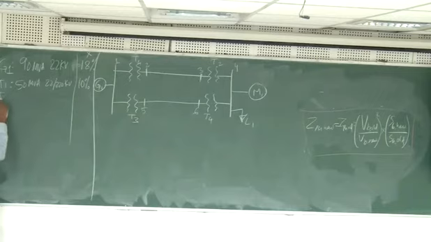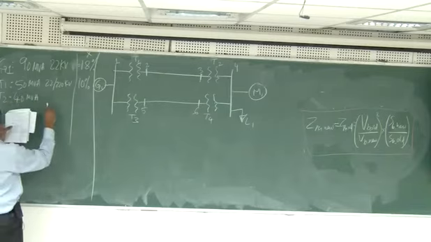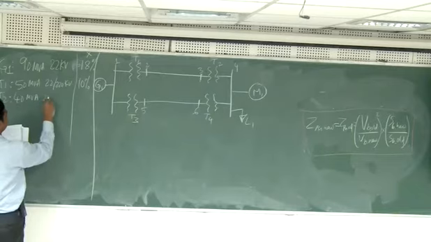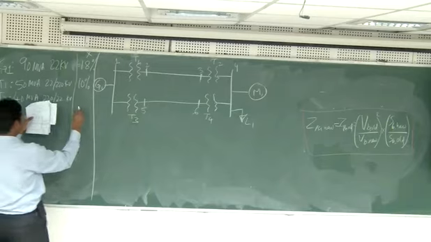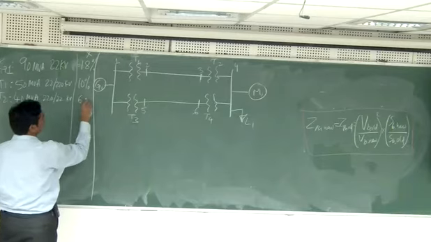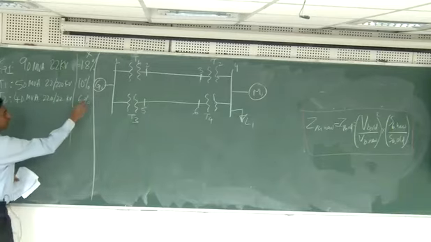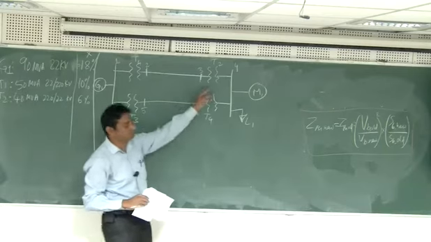What is T2? T2 is 40 MVA, 220 by 22 kV, and it is 6%. So the reactance of transformer T2 is 6%.